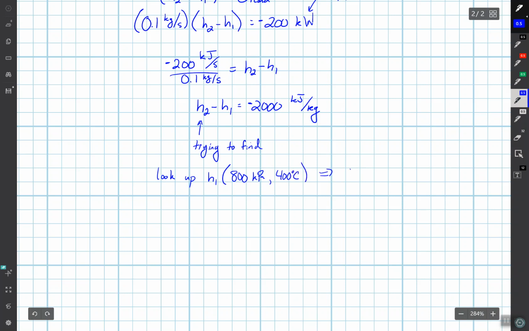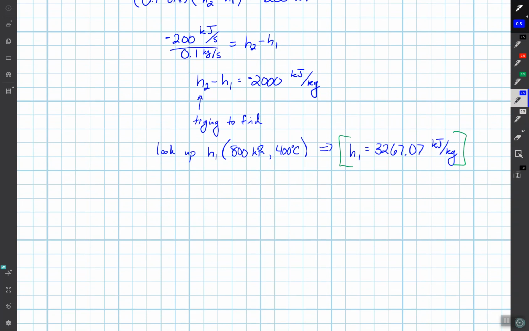We can look up in our table, just as a practice. I'm not going to do it here, I'm just going to write down the answer. This H1 is 3,267.07 kilojoules per kilogram. So look that up. Make sure that you get the same answer that I did.